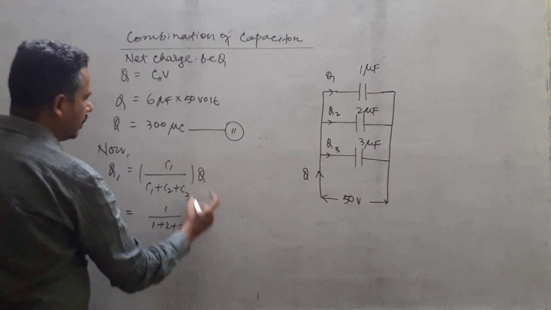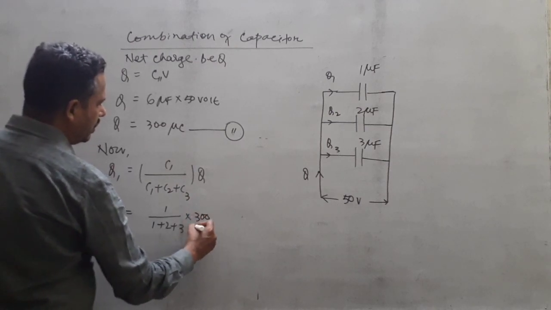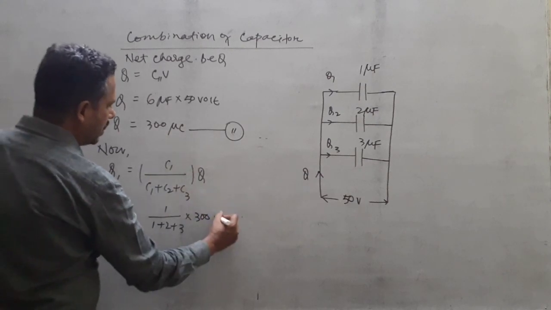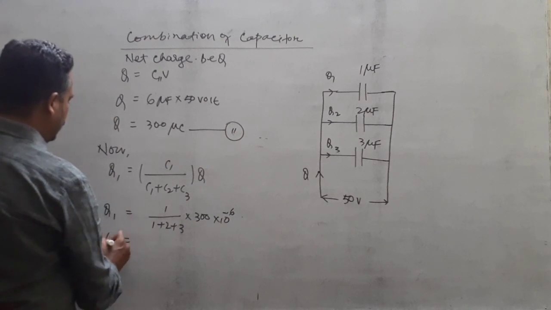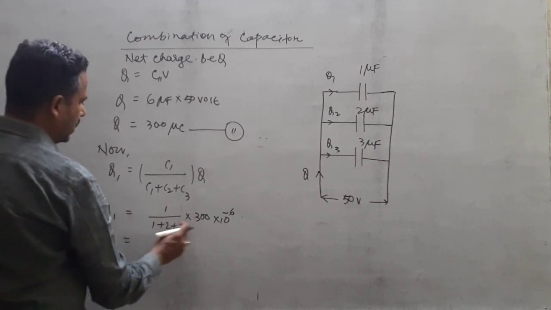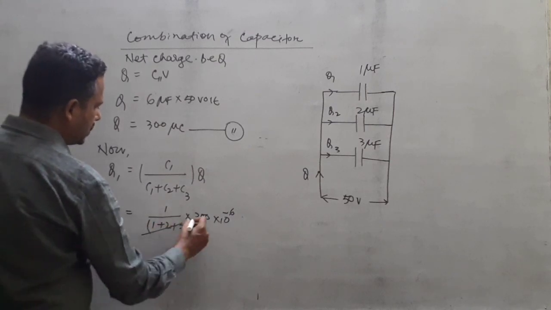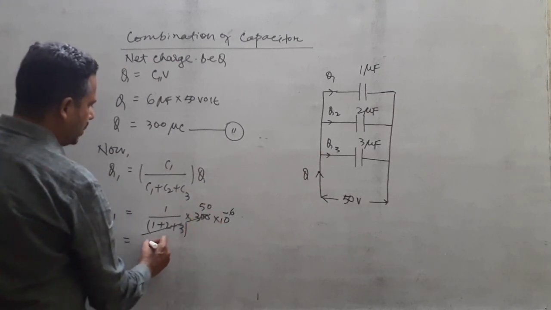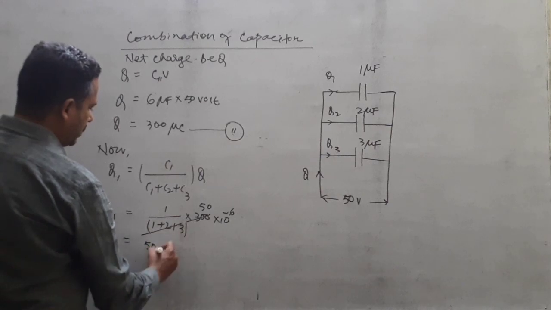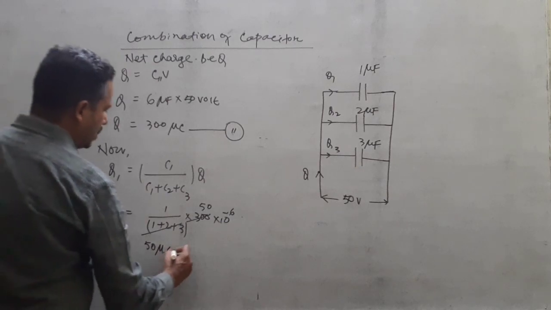The net charge is 300 microcoulomb, so there will be 300 times 10 to the power minus 6 coulomb. After solving, 6 times 5 is 30, so there is 50. So there is 50 microcoulomb of charge.